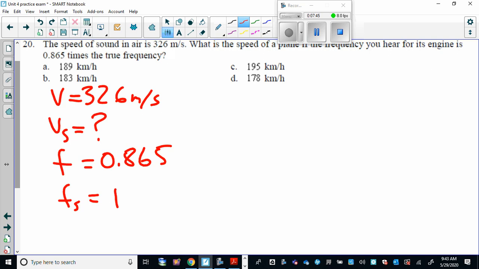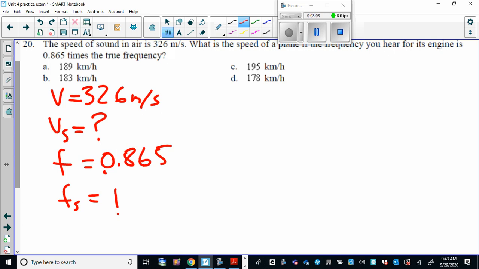As long as they've given you that relationship, you can put any numbers you want. You could put 10, and then the apparent frequency would be 8.65, right? You just multiply 10 times 0.865. Then the difficult part of this question, I think, is determining, is it a plus or is it a minus?